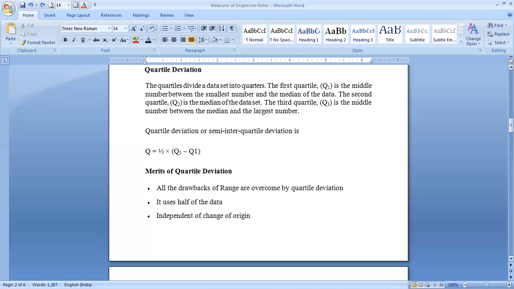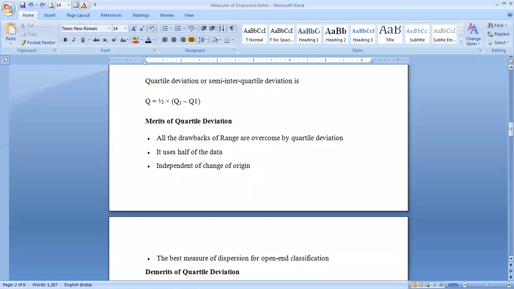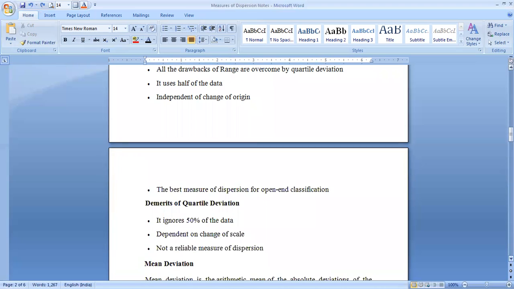So when we change our origin, the quartile deviation will not be affected by this. One more merit is that it can be given as the best measure of dispersion for open-end classification.